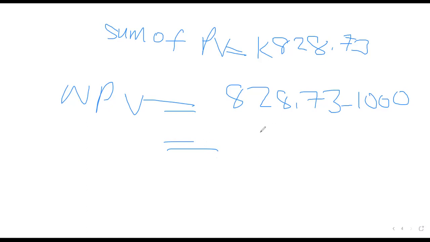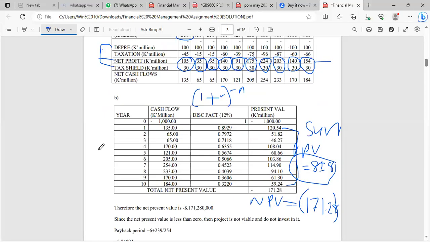So it's giving us negative 171.27. So don't accept the project when NPV is less than 0. You can only accept if NPV is greater than 0.